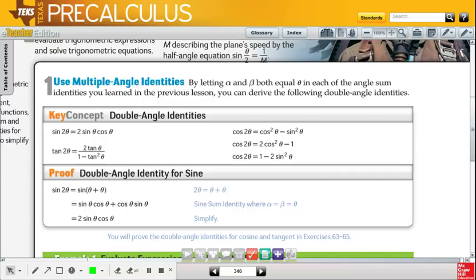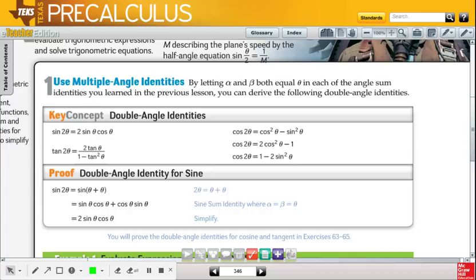You won't know until you actually look at the problem in front of you, analyze, and determine which of the three is best to use so that it makes your work easier. Like I said, you need to determine which of the three for cosine 2 theta saves you a lot of work, a lot of steps.